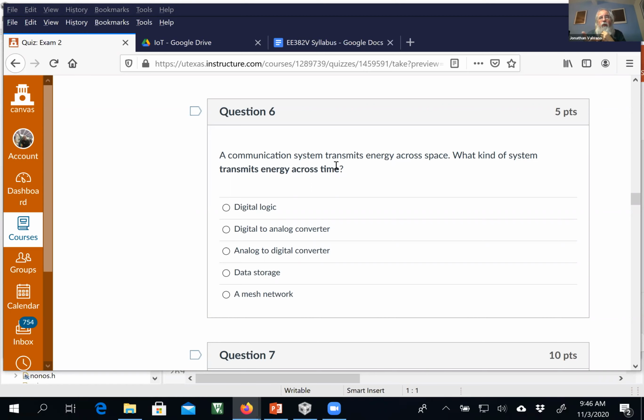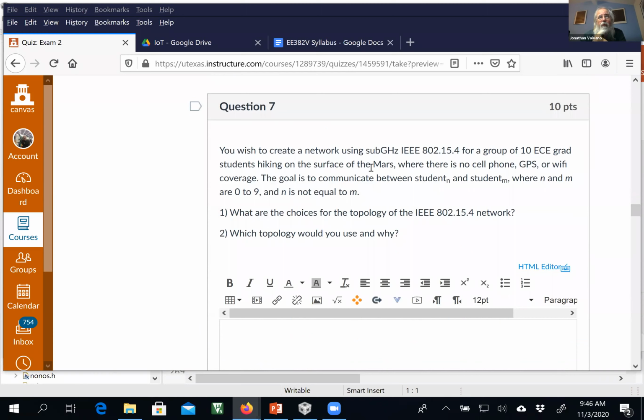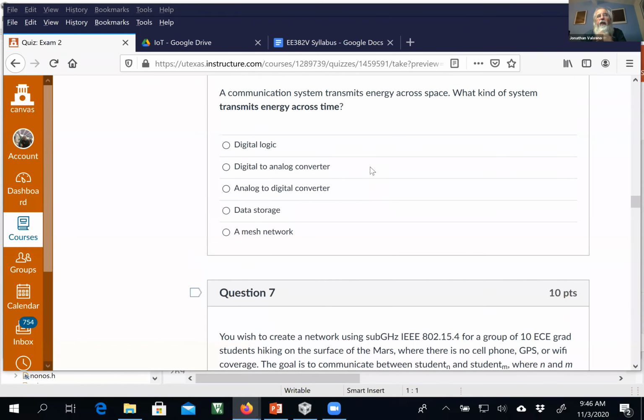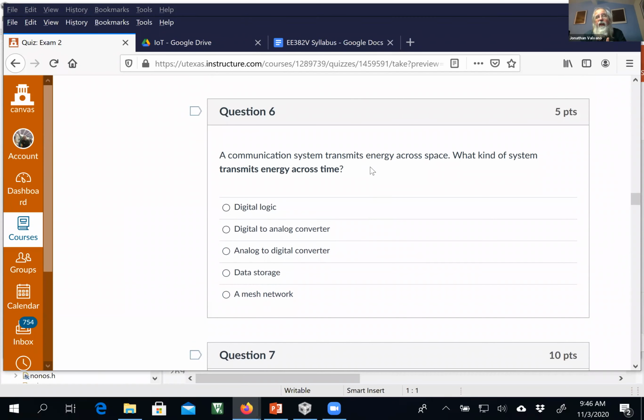You just have to swap space and time. So why would you compress data in a communication system? To increase bandwidth. Why would you compress data in a storage system? To increase data storage.